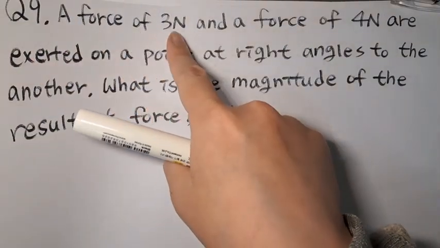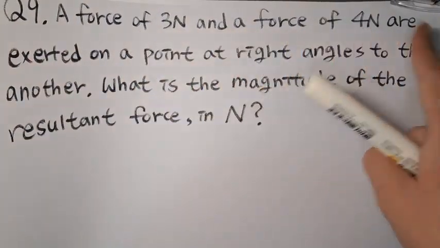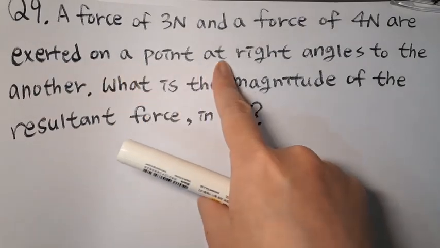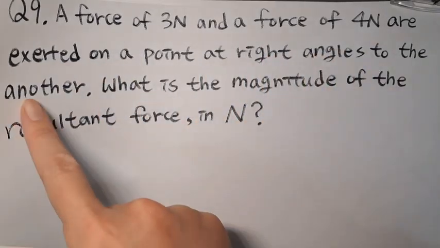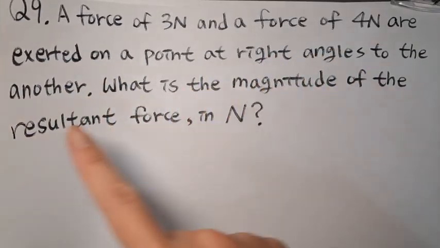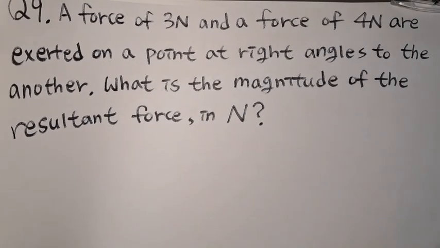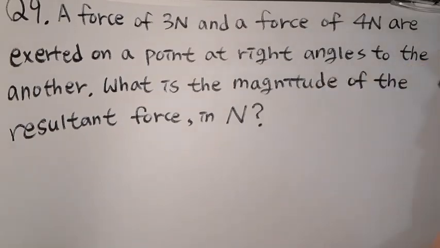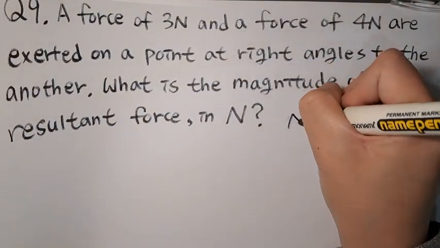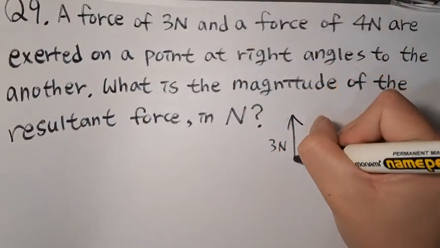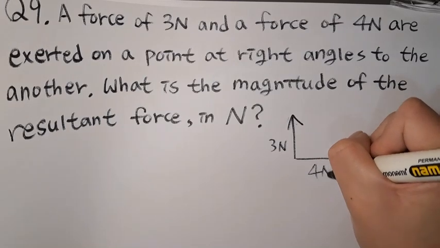A force of 3 Newton and a force of 4 Newton are exerted on a point at right angles to each other. What's the magnitude of the resultant force in Newton? So this is a force of 3 Newton and this is a force of 4 Newton.